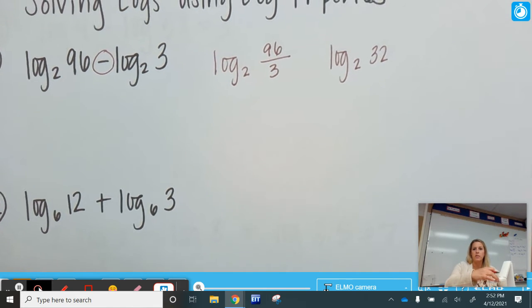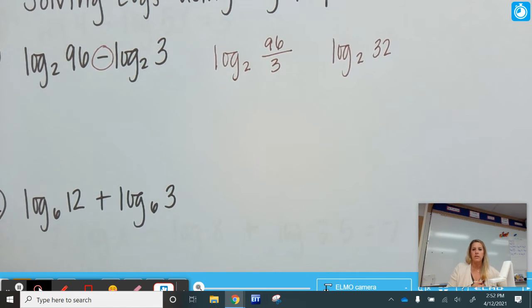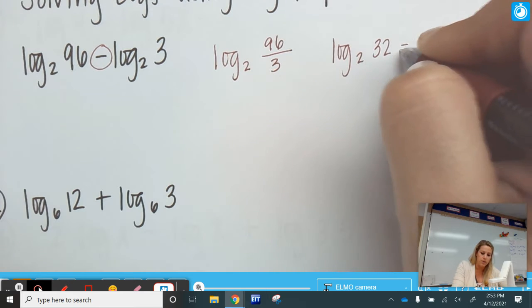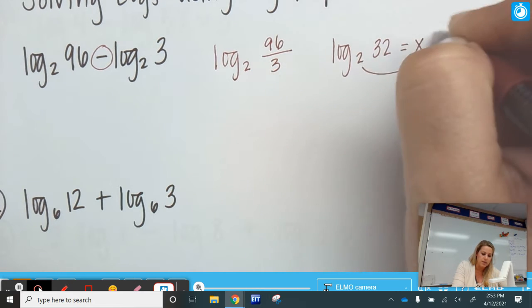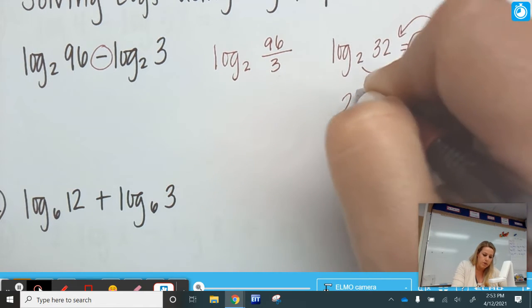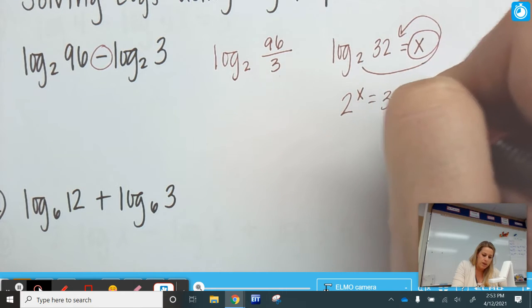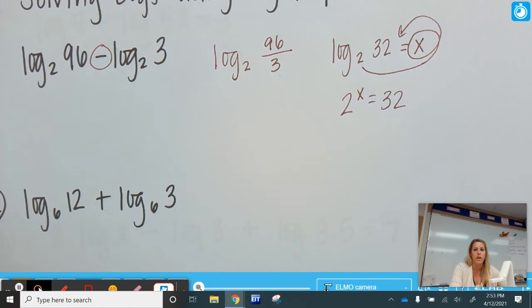So here is where we're going to evaluate. We do not have an x, so we can evaluate. We can do it 2 different ways. We can either do common bases, or we can take the log of both sides. So the first thing I'm going to do is set it equal to x and do my loop-de-loop here and see what I get. Okay, so I get 2 raised to the x power equals 32.